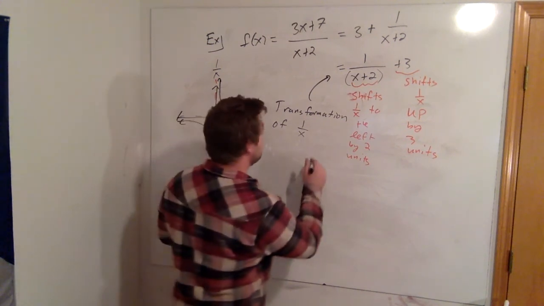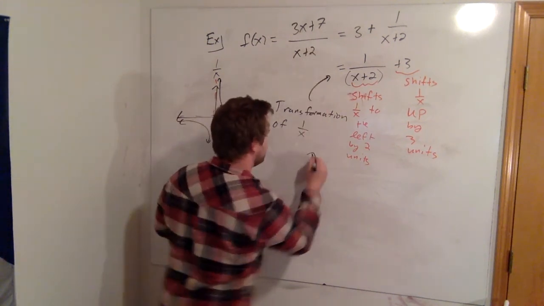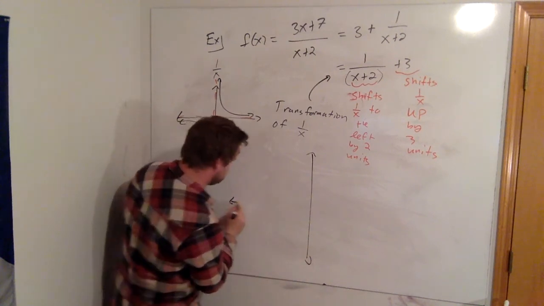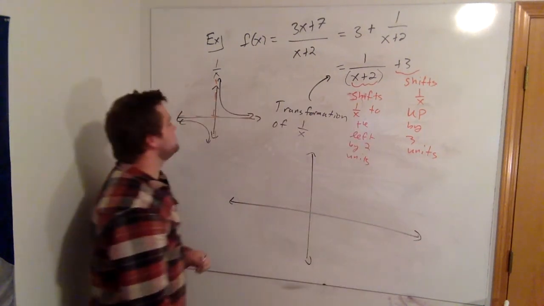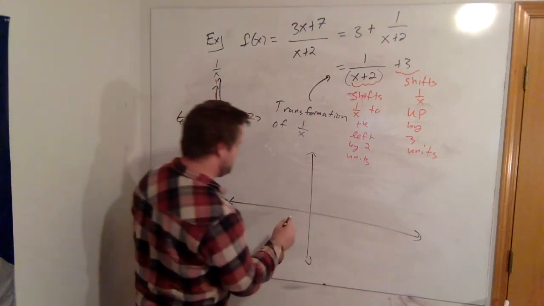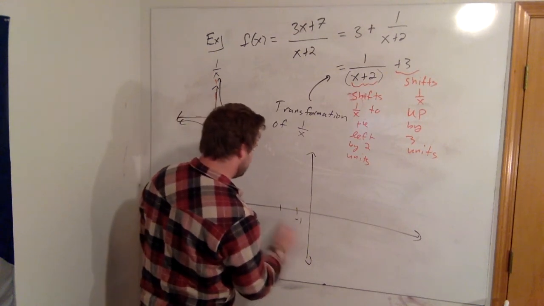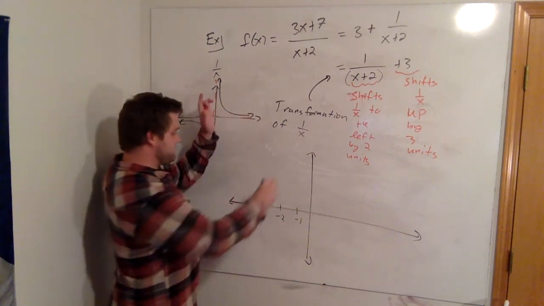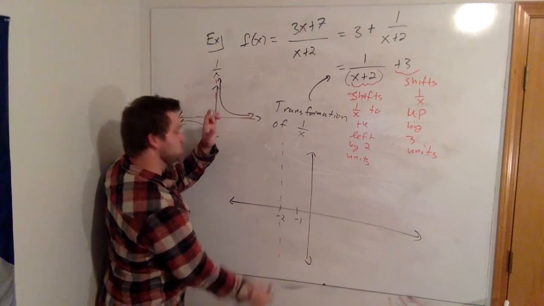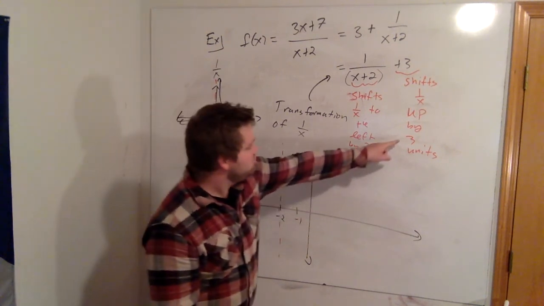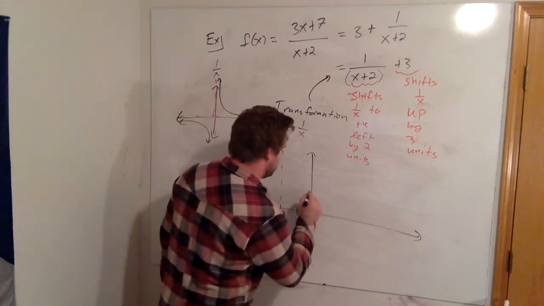So if I'm going to take this graph and graph this one, I'm going to be moving it to the left 2 units, so 1, 2. Okay, so my vertical asymptote has shifted. And I've also shifted the graph up by 3 units. 1, 2, 3.